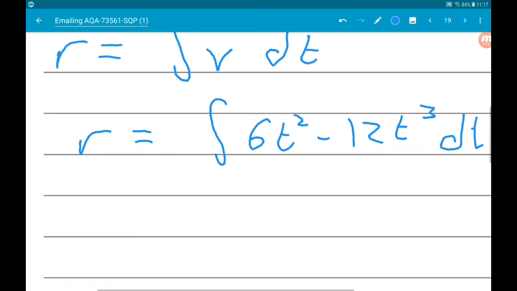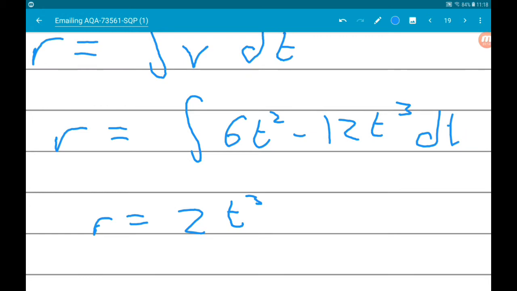So r is 6t squared, or t squared integrates to t cubed over 3. So then we got 6 over 3, which is 2, so we got 2t cubed.